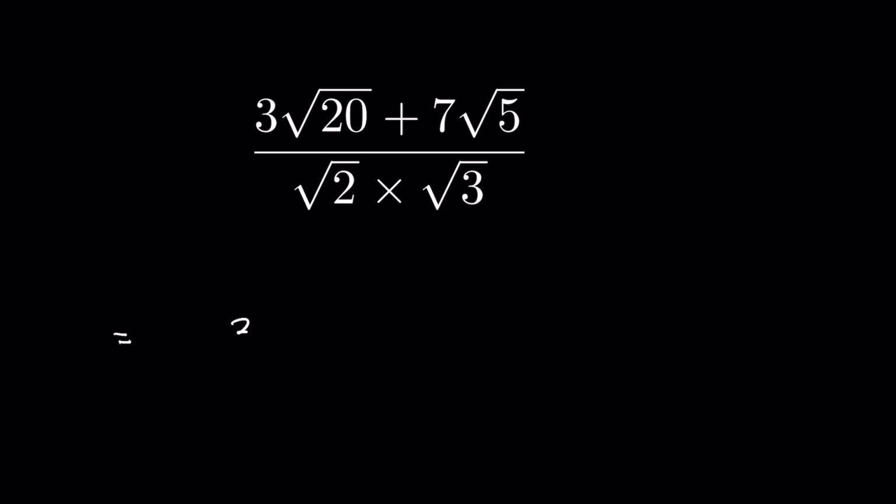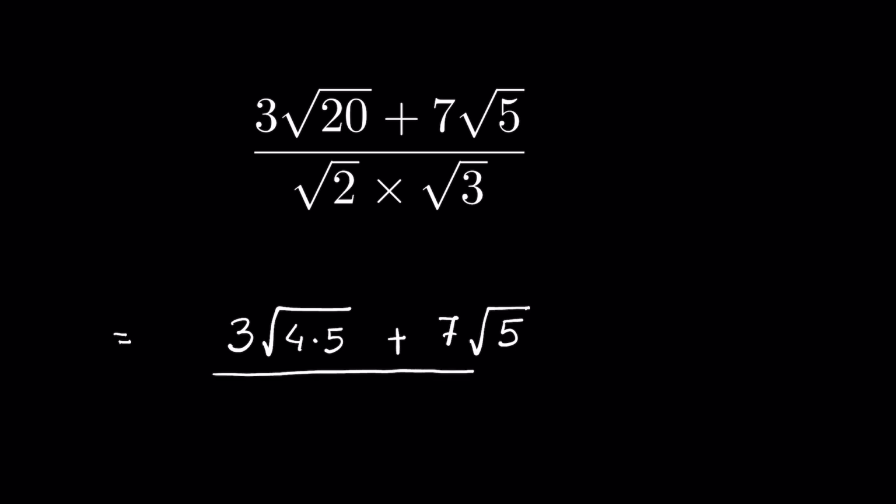So 3 times square root of 20 we can write as 4 times 5 under square root, plus 7 times square root of 5 upon square root of 2 times square root of 3. When square root of a times square root of b, we can write it as a times b under square root.